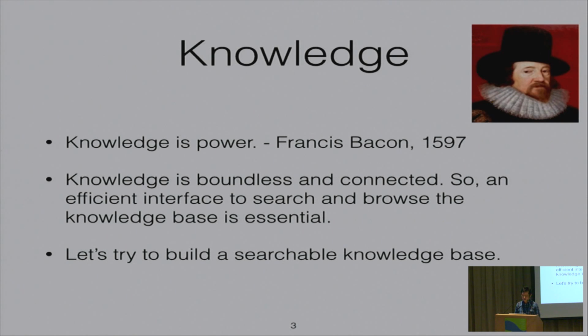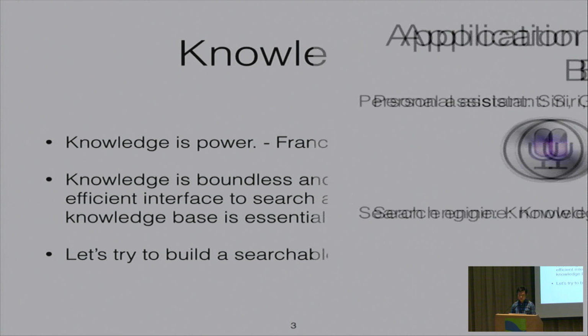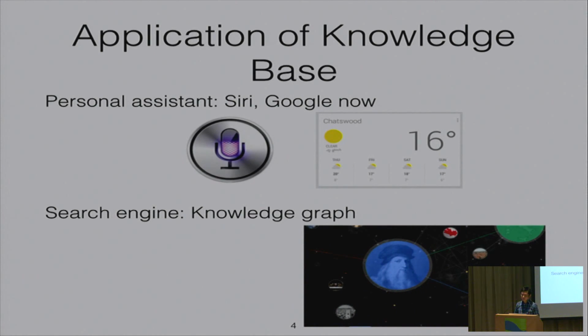That's why we need search ability to browse the knowledge base, and it's very essential. A knowledge base has lots of knowledge which is connected together, and based on this searchable knowledge base we can build more intelligent applications.